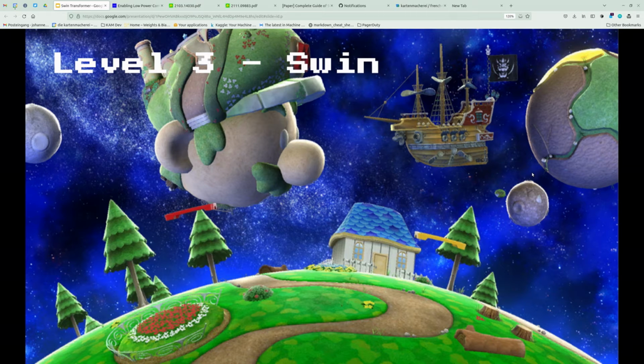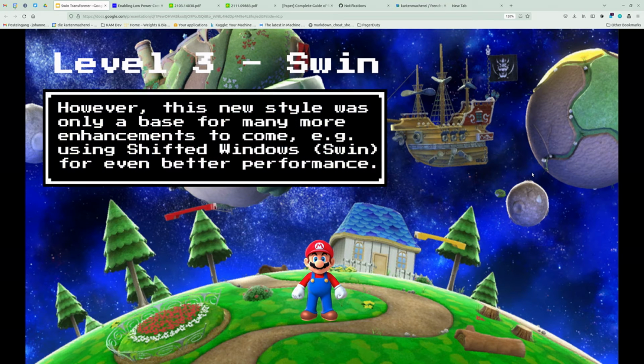And level 3 is Swin now. Let's see. Here's Mario in his fancy new environment. However, this new style was only a base for many more enhancements to come. For example, using shifted windows, Swin, for even better performance. And now, here comes Swin. And it's a Mario Tanuki.